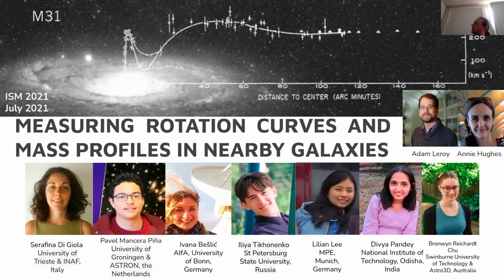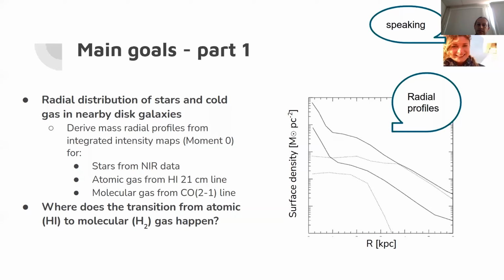So let's start. We had two main goals for our project. The first one is to investigate how three components are distributed across the galaxy: the stellar component, the atomic gas component, and the molecular gas component. The question regarding the first goal is to determine where the transition from atomic to molecular gas is happening.